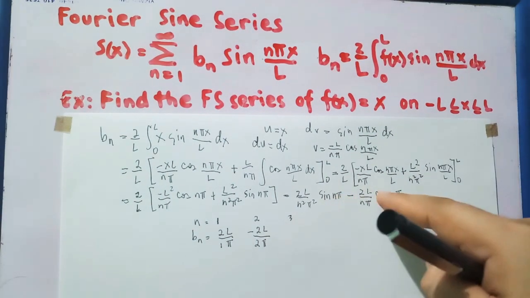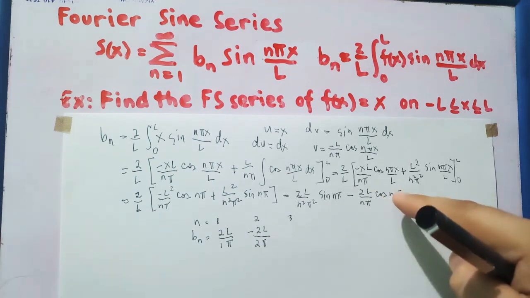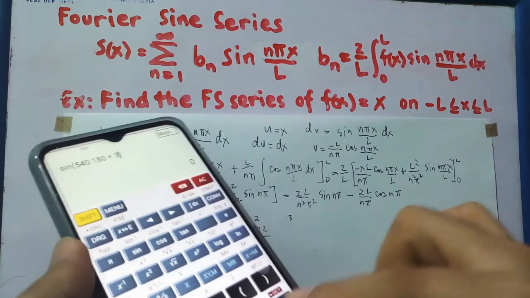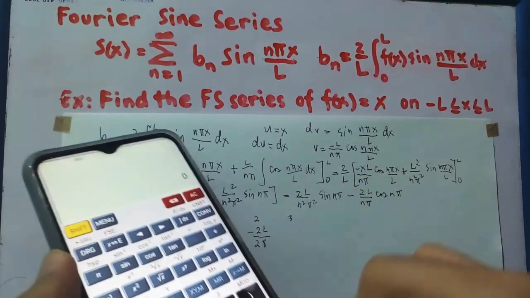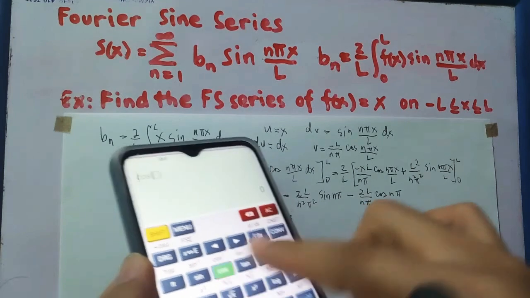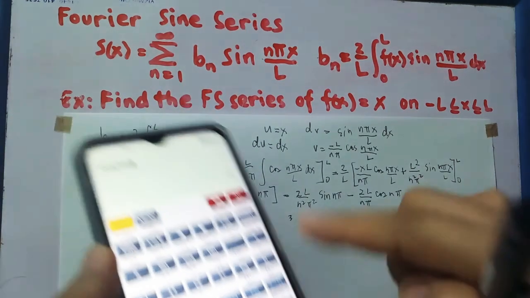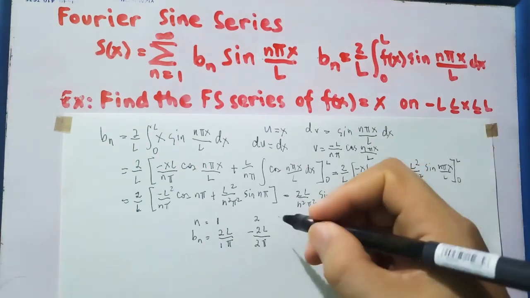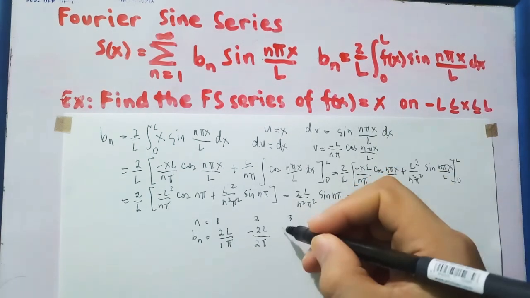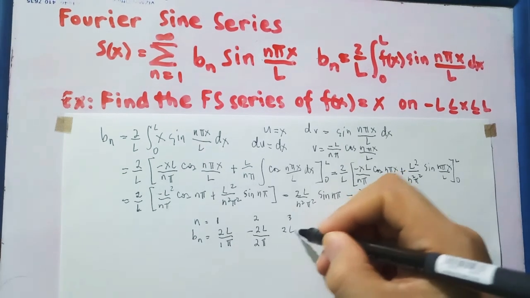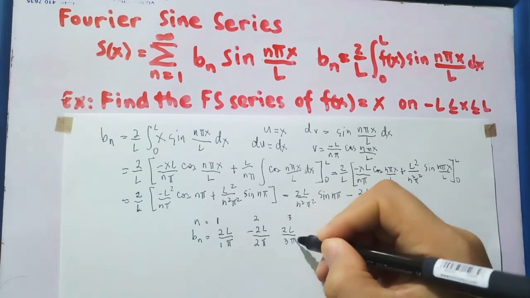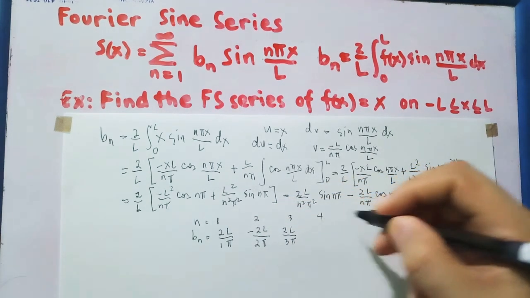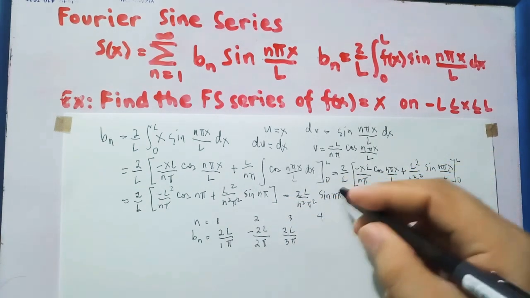Then 180 times 3 is 540, cosine of 540 is negative 1. So negative times negative is positive. So this is equivalent to 2L over 3 pi. When n is equivalent to 4, again this one is 0.